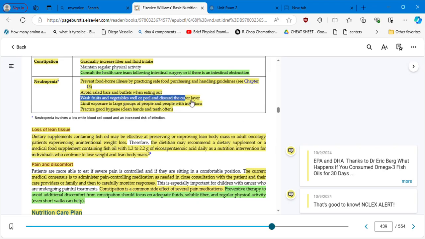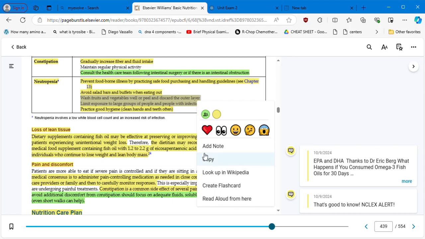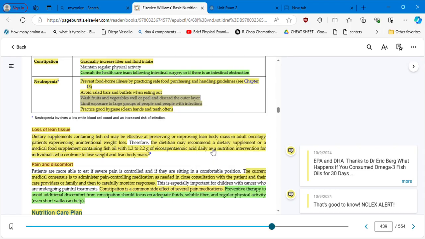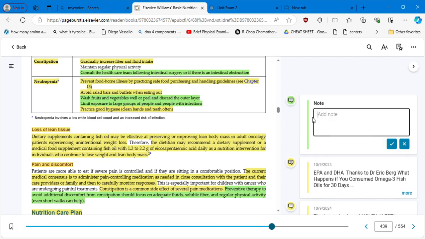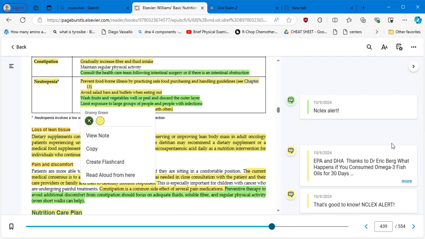And these two are NCLEX alerts, especially limiting exposure to large groups and people with infections. That's extremely important in cancer patients. NCLEX alert. Okay. So loss of lean tissue, dietary supplements. Okay.